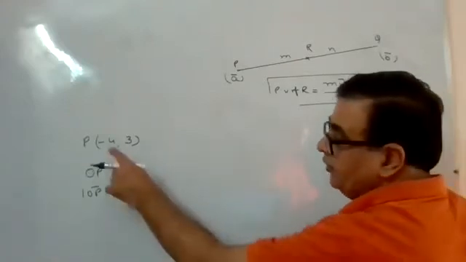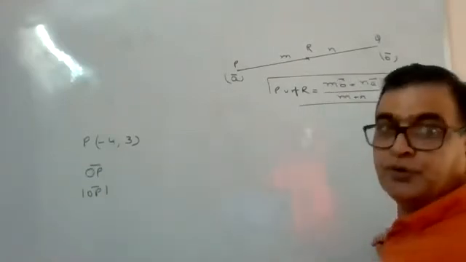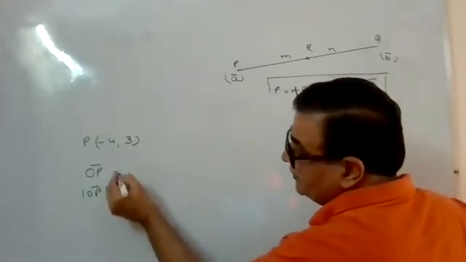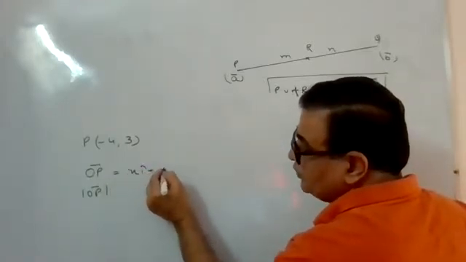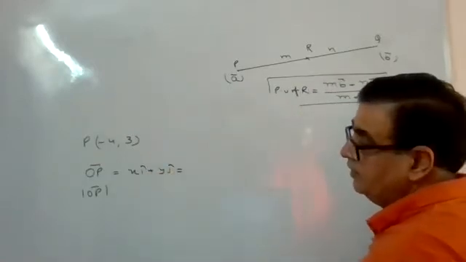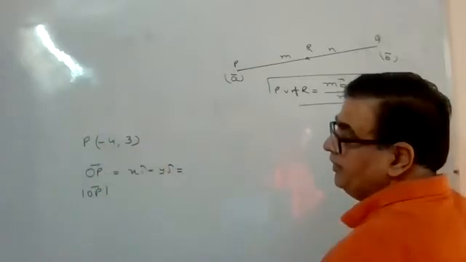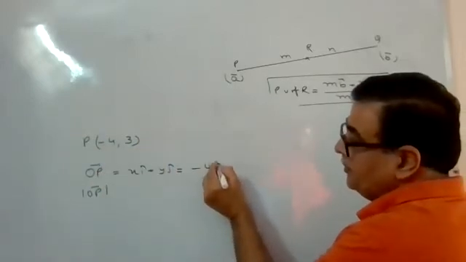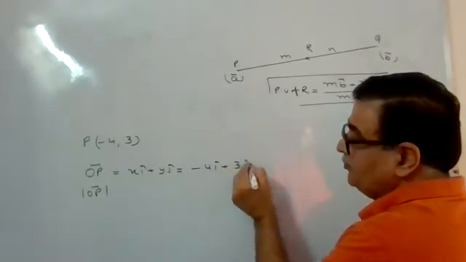First, we should write OP vector in its component form, or i cap j cap form. So we have done this as xi plus yj. As the coordinates of the point are minus 4, 3, the OP vector comes out to be minus 4i plus 3j.